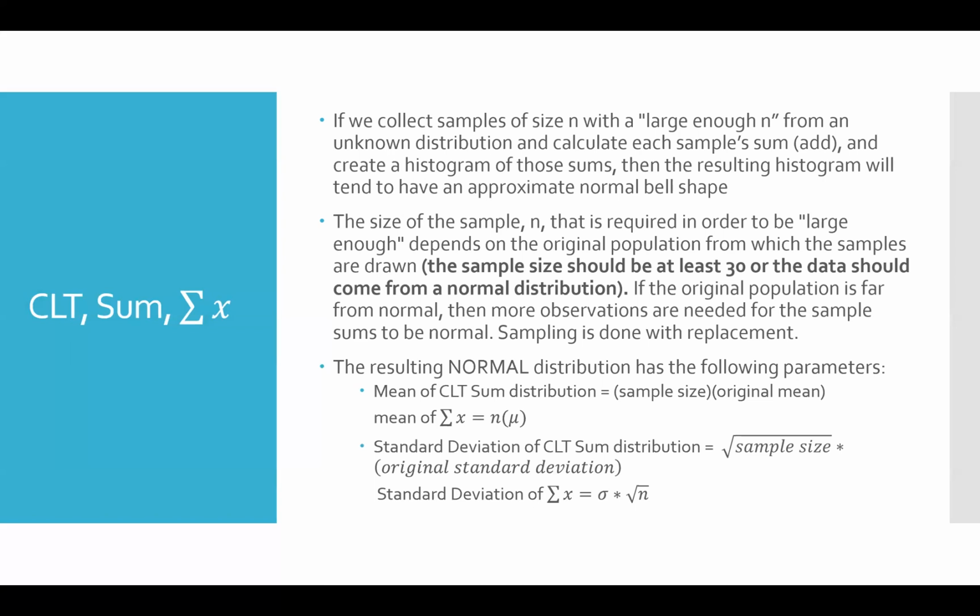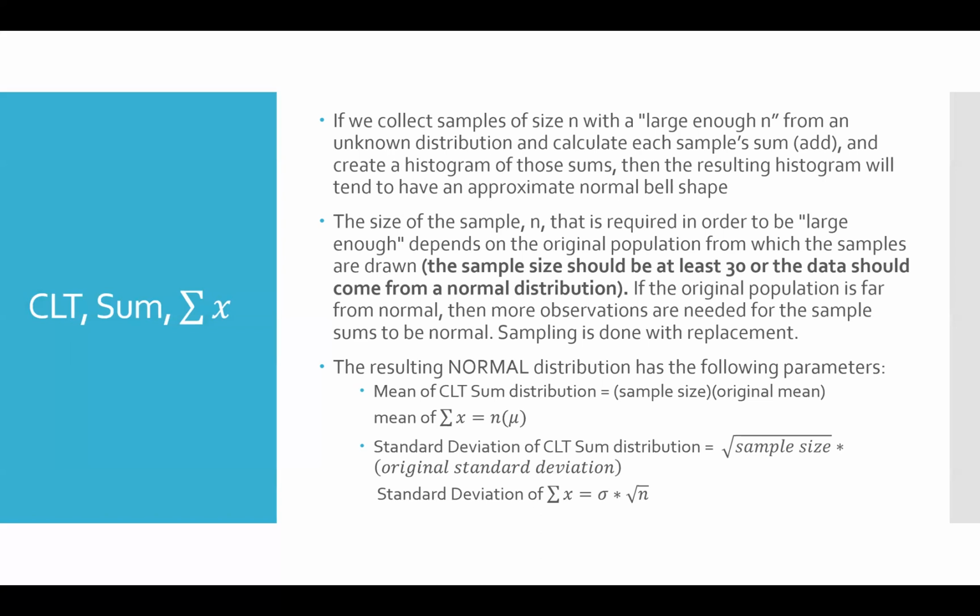The formulas for the parameters here are not harder, they're just a little bit weird. The mean of the central limit sum distribution is equal to the sample size, how many were in your sample, times the original mean.